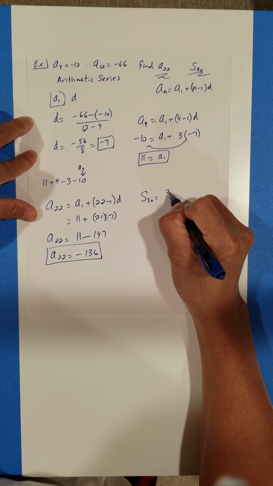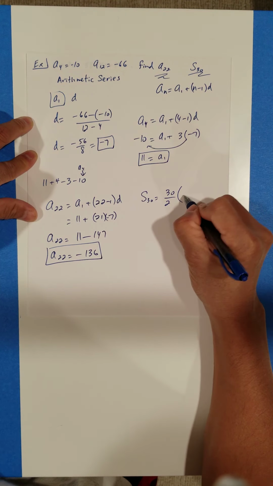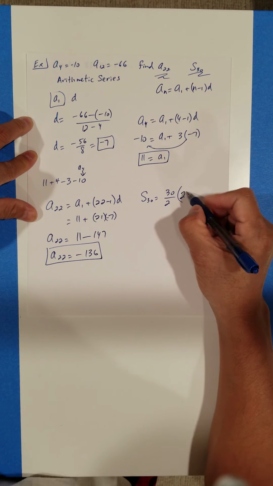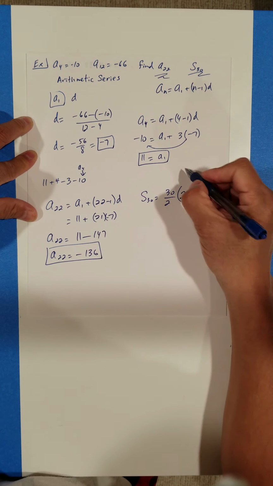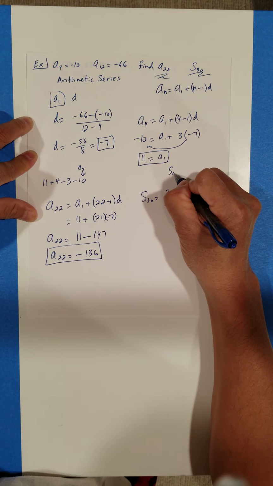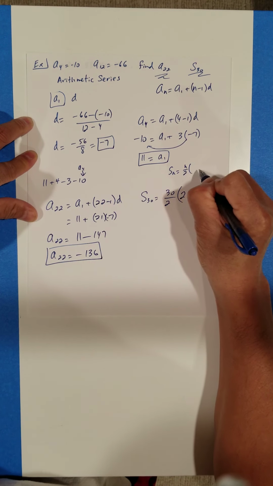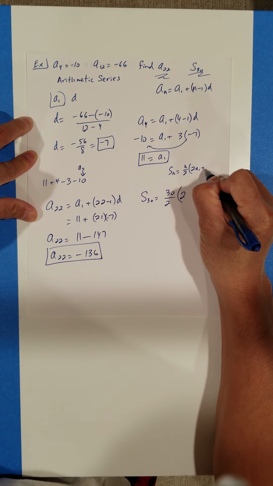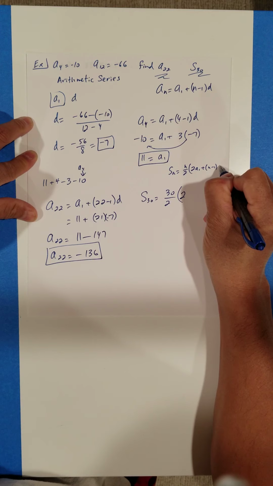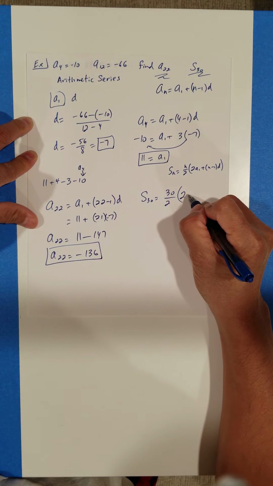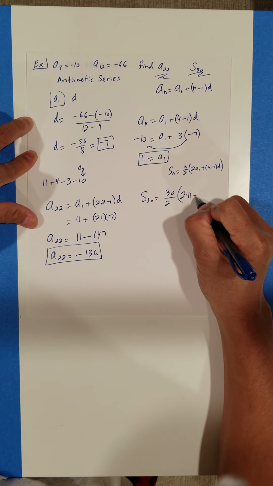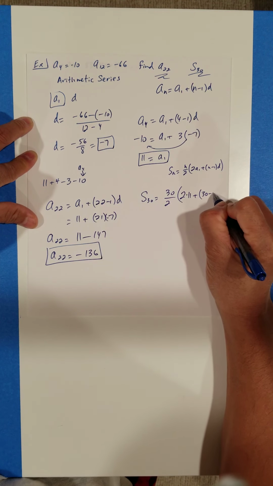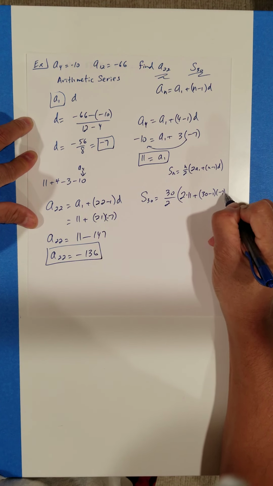Now they also want S30. Sn equals n over 2 times 2A1 plus n minus 1 times D. So S30 is 30 over 2, times 2 times 11, plus 30 minus 1 times -7.